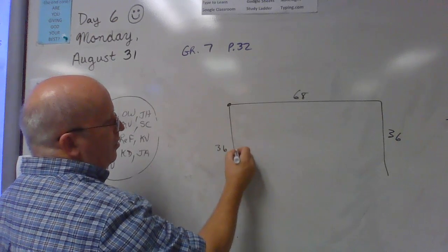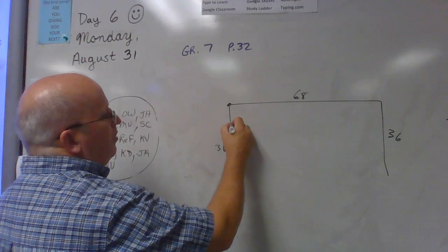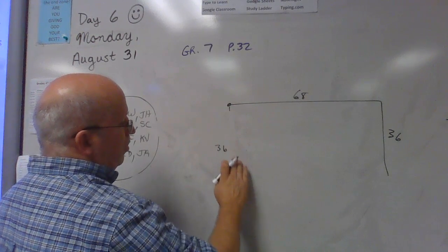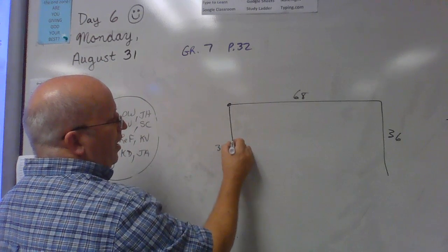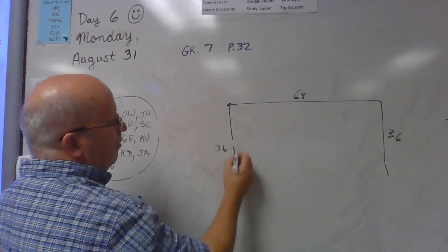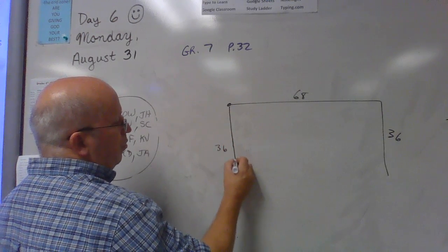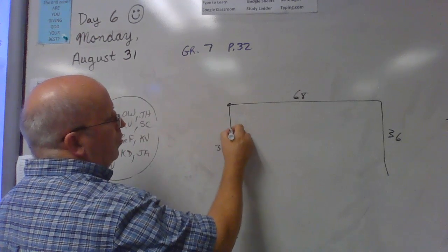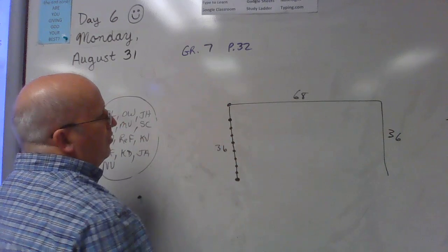4, 8, 12, 16, 20, 24. Oh, see, I'm running out of room. I'm going to start over. If I divide 36 in half, that means this is 18 right there. I don't think 18 is a multiple of 4, though. So, oh boy, what about 4, 8, 12, 16, 20, 24, 28, 32, 36.